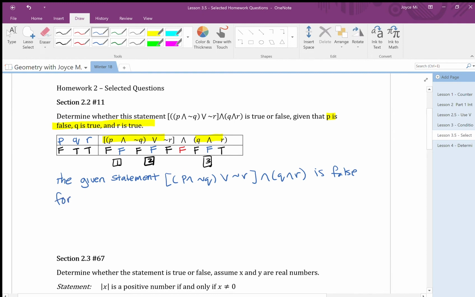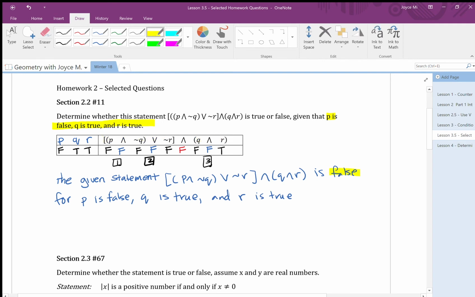Let me just write it out, for P is false, Q is true, and R is true. So the answer is false here. I'll highlight it, so false. That's my final answer.